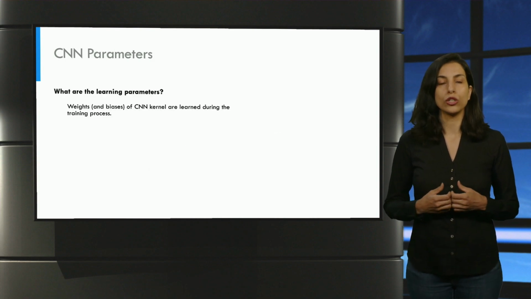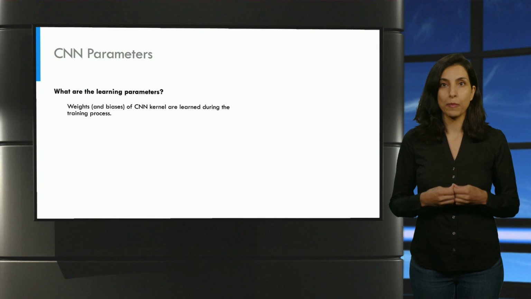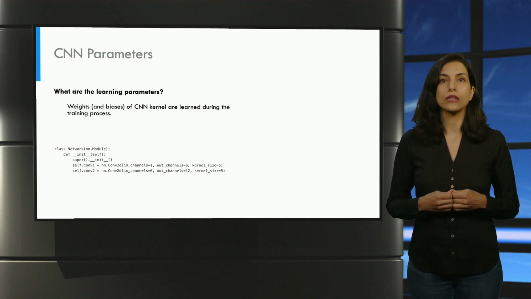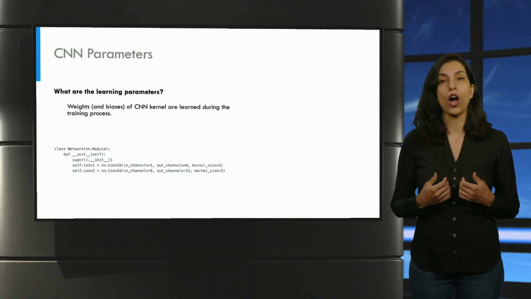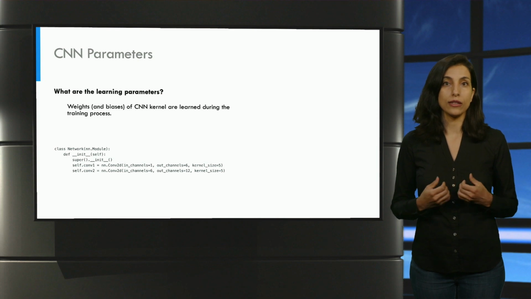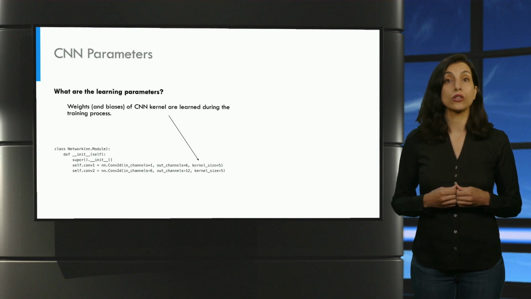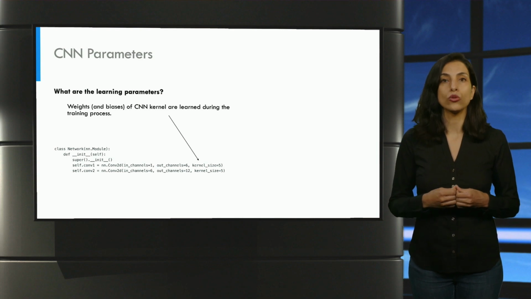What is learned during the training of CNNs? The answer is the weights of spatial filters at each layer. The size of these filters or kernels is defined as hyperparameters in the design of the model for each layer. The model is trained using a supervised loss to learn the weights of these filters during the optimization process.